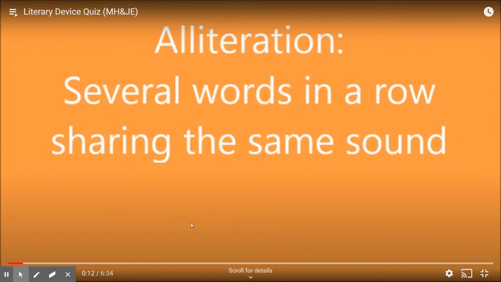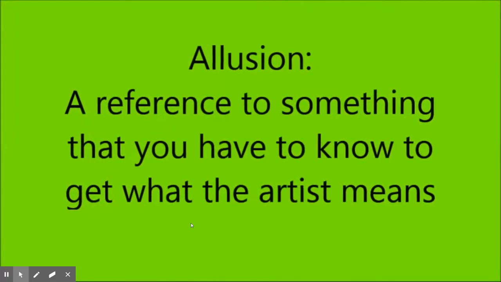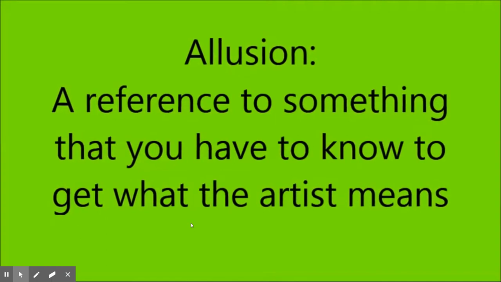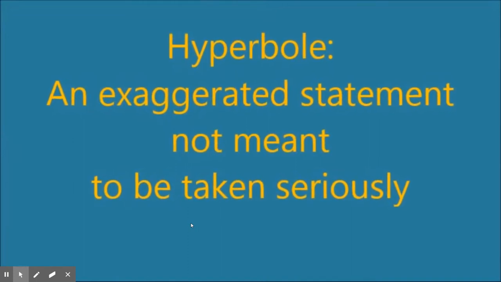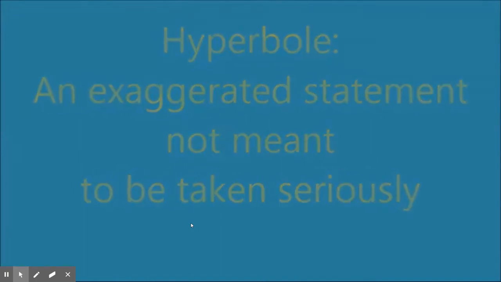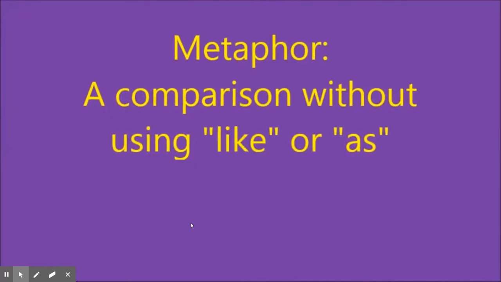Okay, so we have alliteration, which is several words in a row sharing the same sound. Allusion, a reference to something that you have to know to get what the artist means. Hyperbole, an exaggerated statement not meant to be taken seriously. Metaphor, a comparison without using like or as.